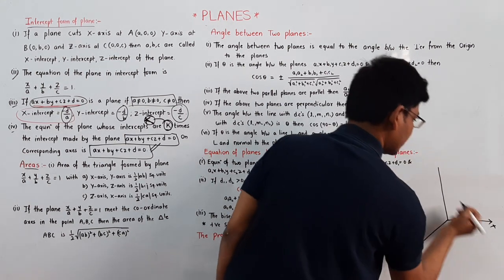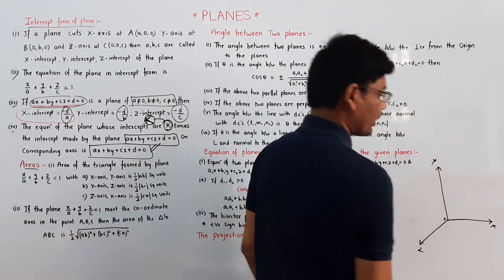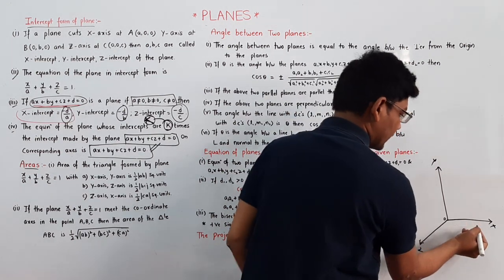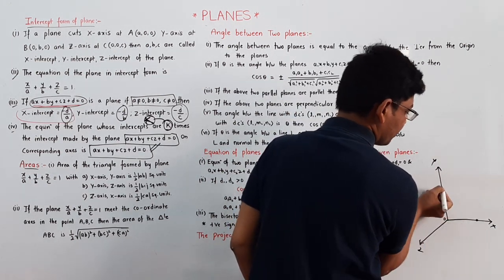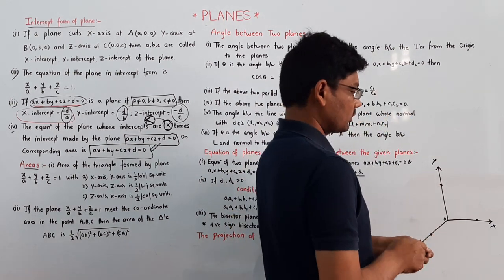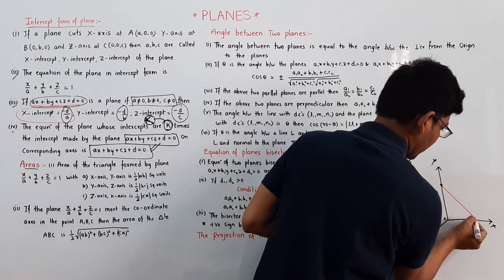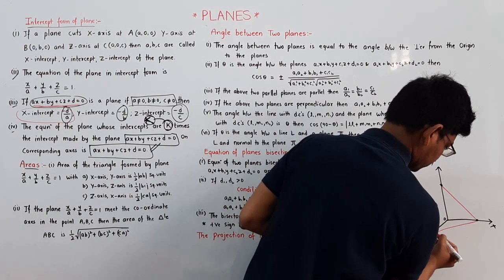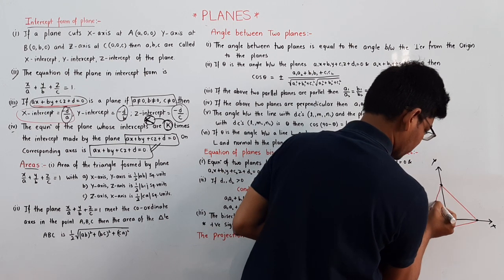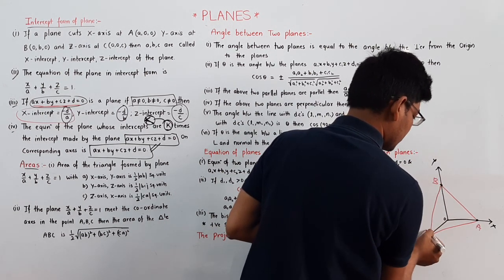This is the x axis, this is the y axis and this is finally the z axis. This is the origin O. I am taking 3 points on the 3 coordinate axes. If you join the points like this, this is A, B, C.